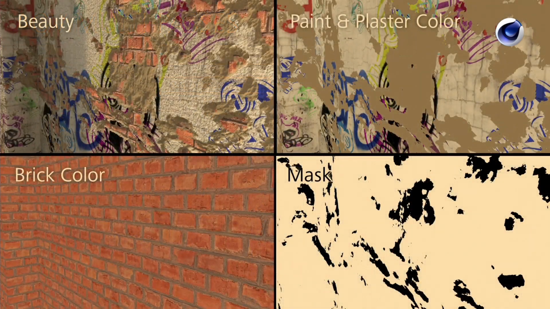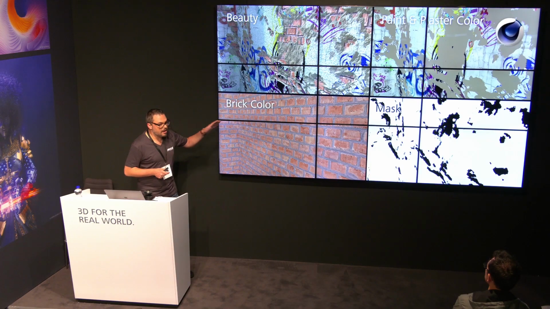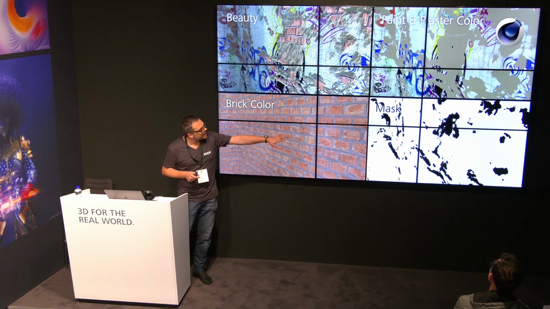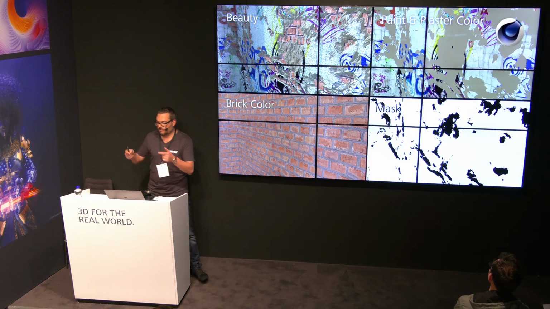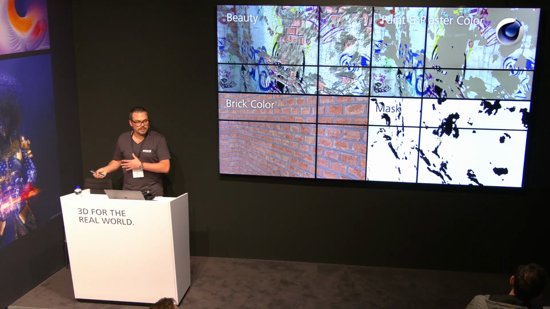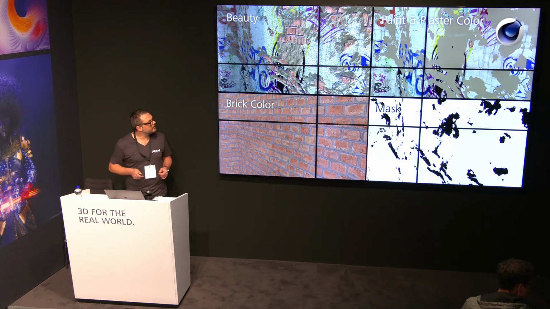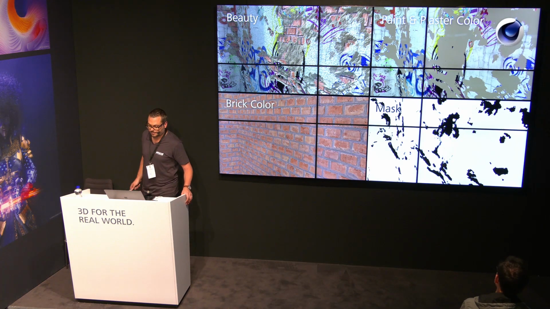And here is an example for that. So this is the beauty pass. This is the brick color on a layer. Then we have the paint and paste color, and we have the mask. And now you can have every single one of them in your post, like Photoshop or After Effects, and you can change everything. Very cool.